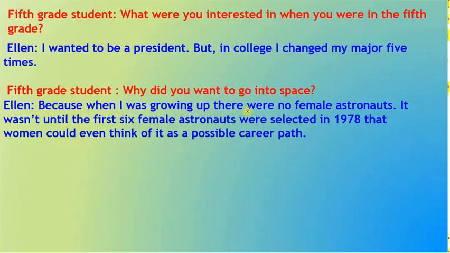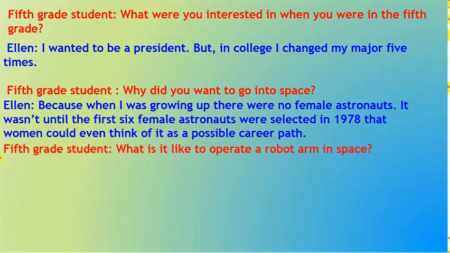Ellen: because when I was growing up, there were no female astronauts. It wasn't until the first 6 female astronauts were selected in 1978 that women could even think of it as a possible career path.